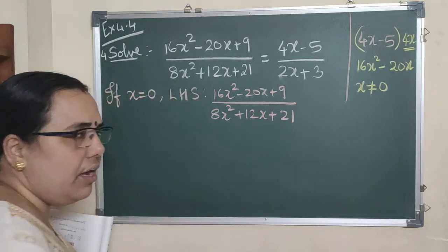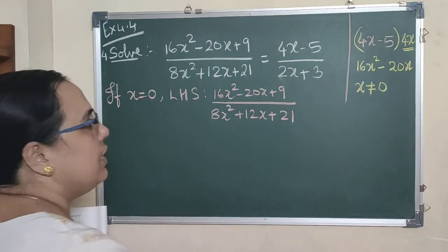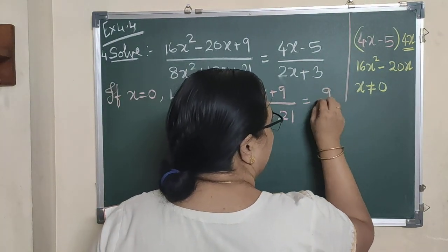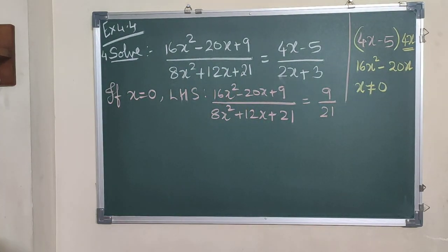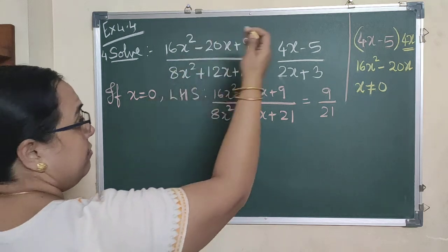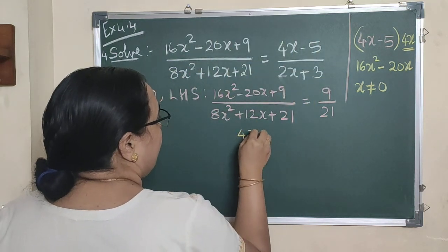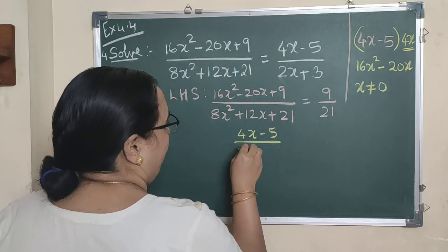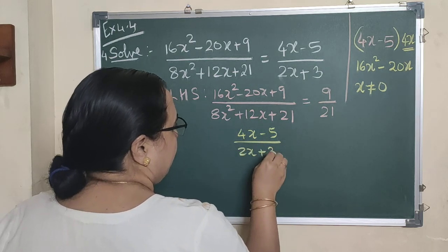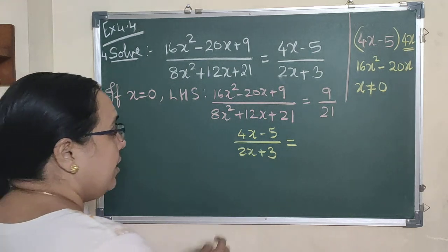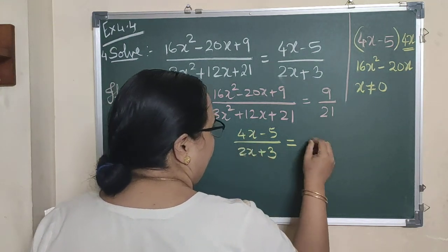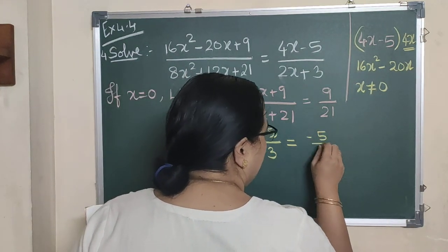If I put x as 0, the value is 9 upon 21. Same way, if I put 0 in the right hand side, (4x minus 5) upon (2x plus 3), in place of x, 0, it becomes minus 5 upon 3.